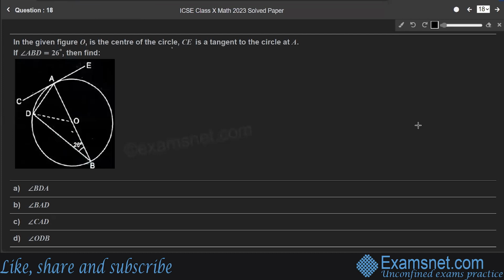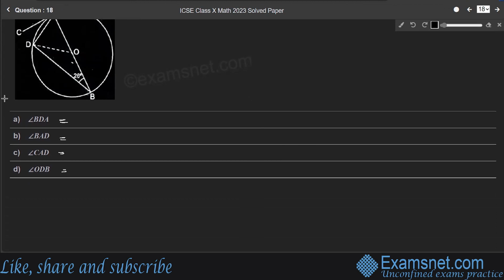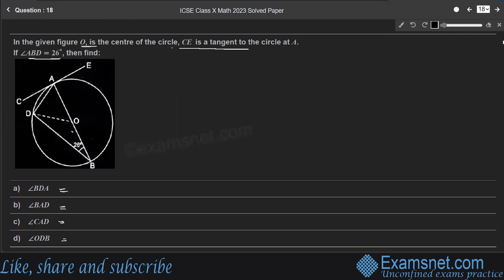Question 18. In the given figure, O is the center of the circle. CE is tangent to the circle at A. If angle ABD is 26 degrees, then find the below mentioned angles BDA, BAD, CAD and ODB. These 4 angles. Now consider the first angle BDA. This angle BDA is an angle made in the semicircle.